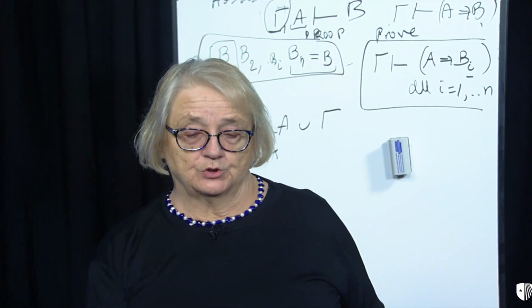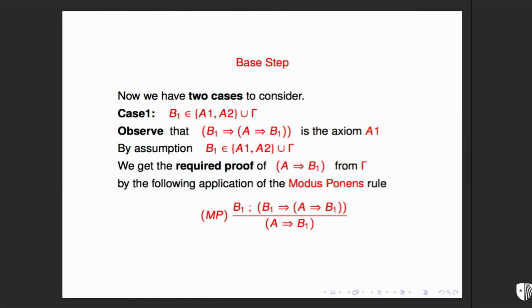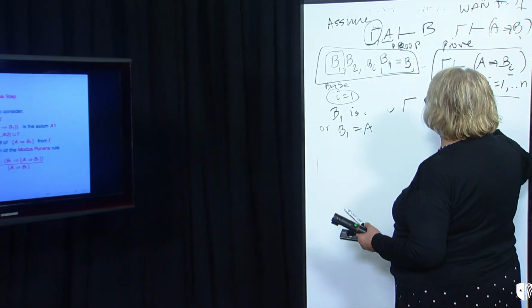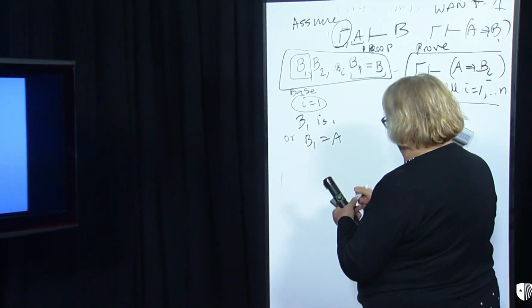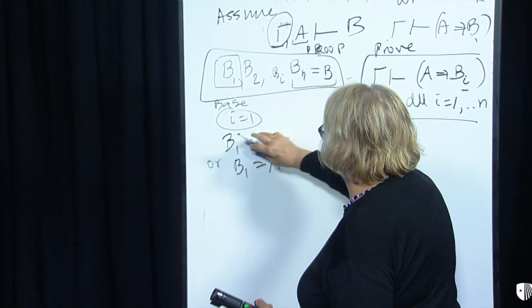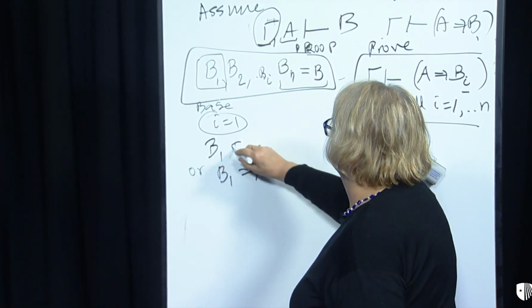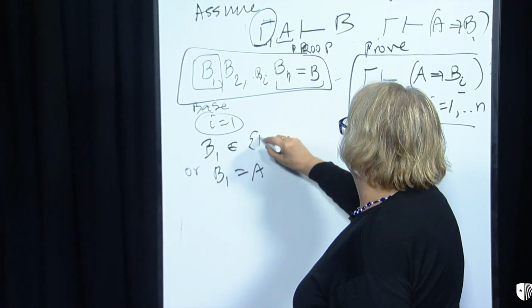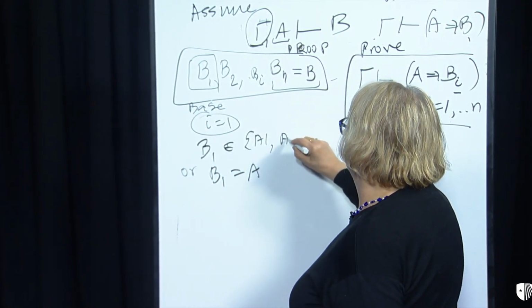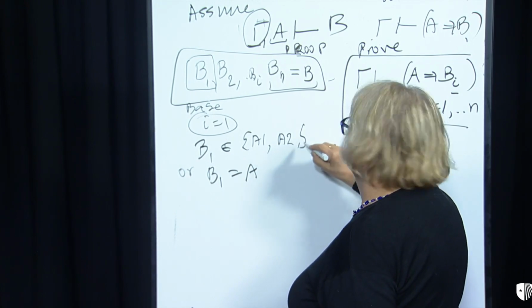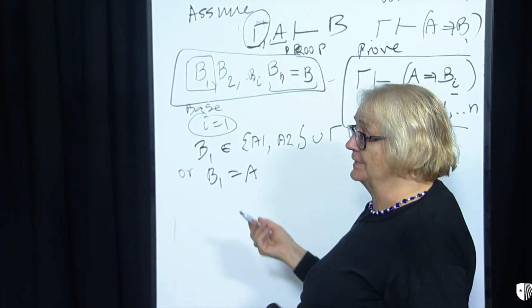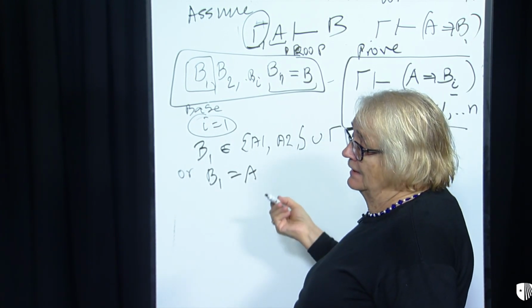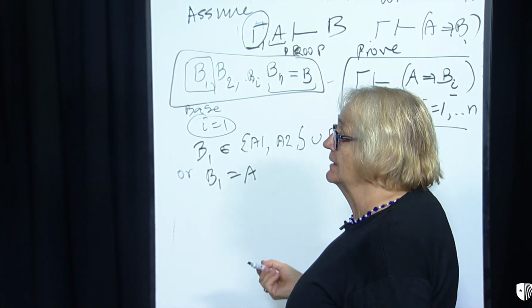So let's see if it's true. What does it mean? B1 is a logical axiom, so B1 belongs to logical axiom 1 or logical axiom 2, or is in our gamma, which can be a non-empty set, or empty, it doesn't matter.